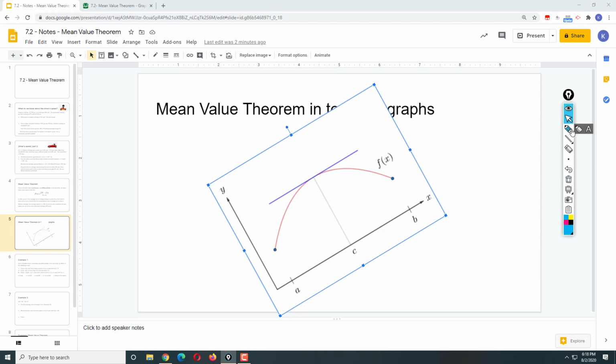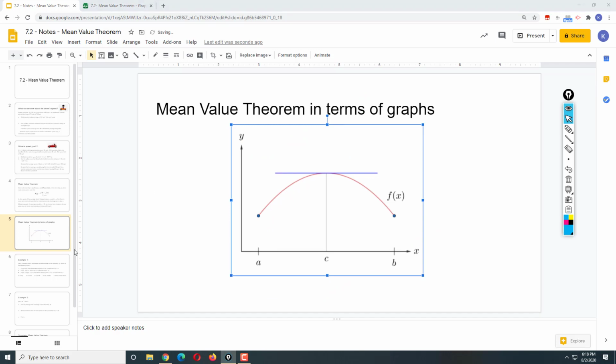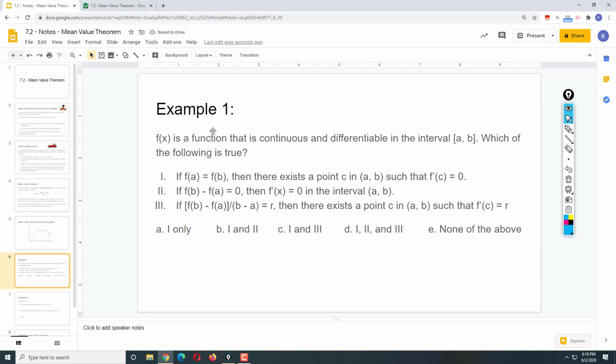Okay. All right, let's move on to some examples. 2 examples. Example 1. This is a question that looks like an AP calculus question. f(x) is a function that is continuous and differentiable in the closed interval [a, b].